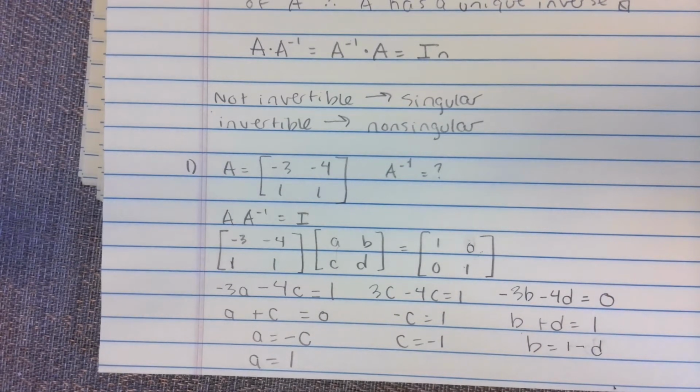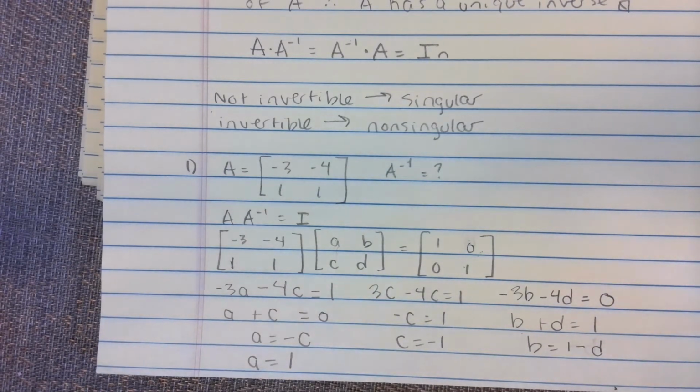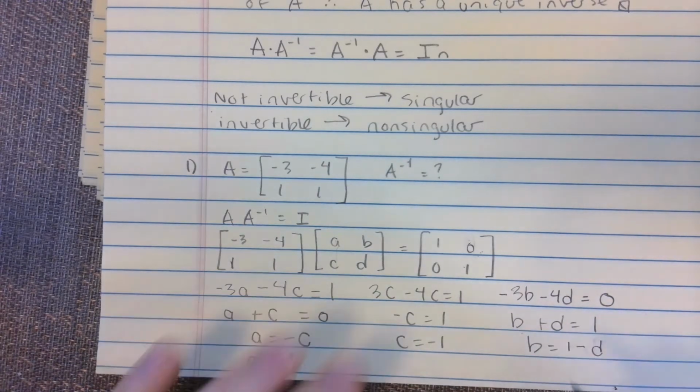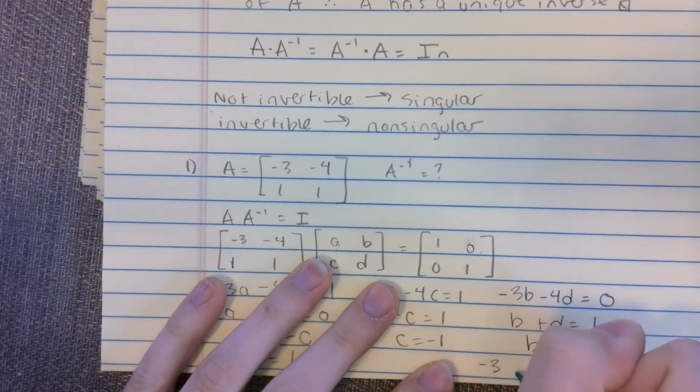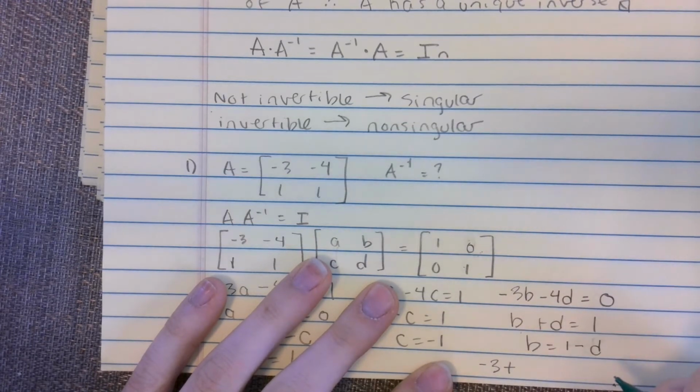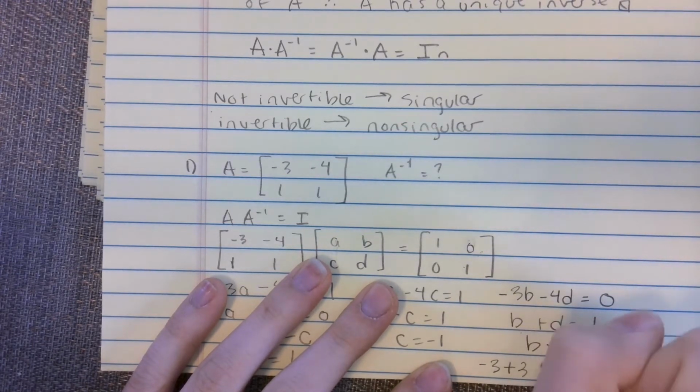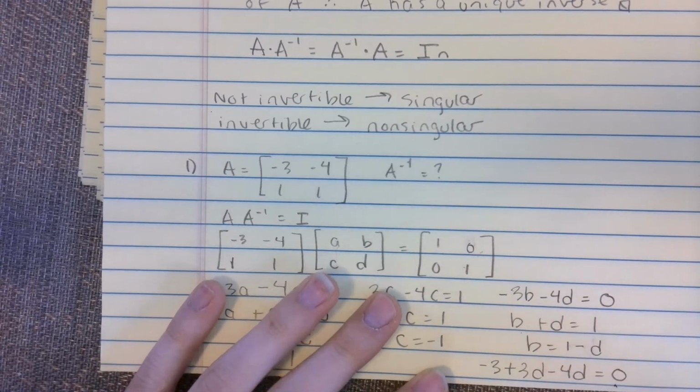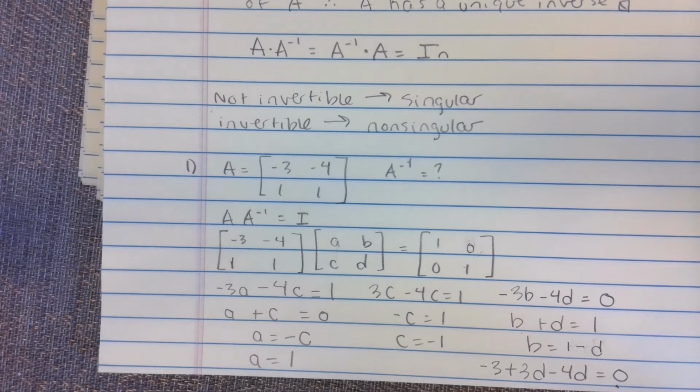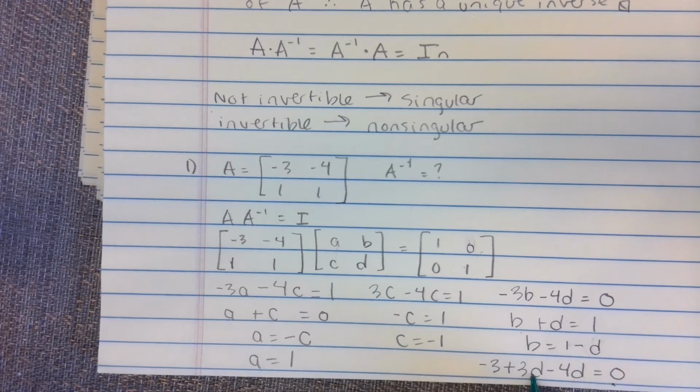Okay, so if I plug that back in, I'll get -3 plus 3D minus 4D equals 0. So I should get, if I add this up, -D.